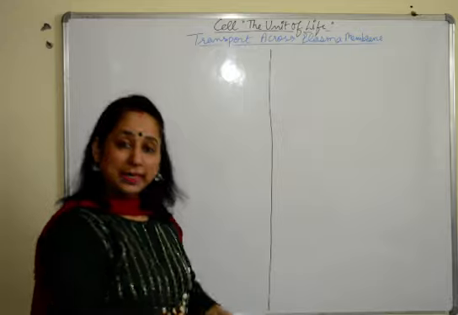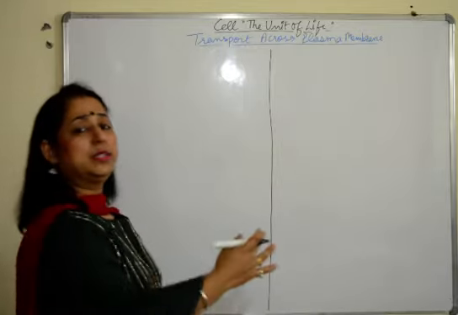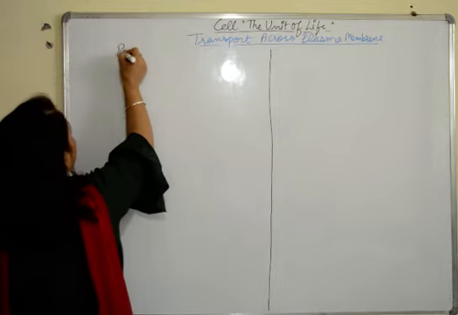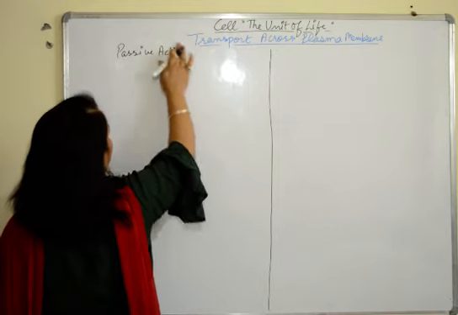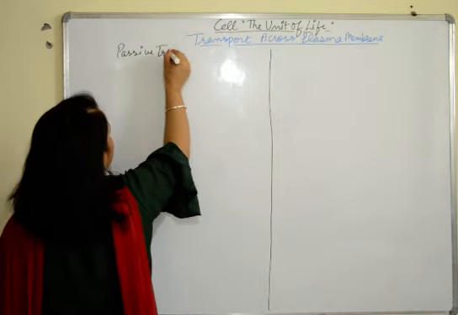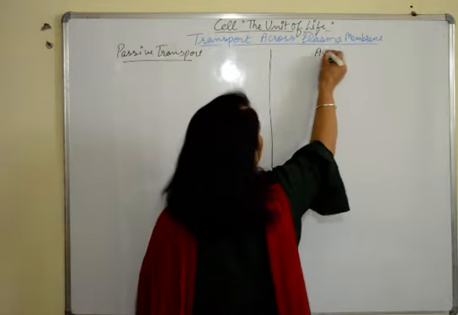So we will, without wasting time, quickly start with the two types of transportation: passive transportation and active transportation.